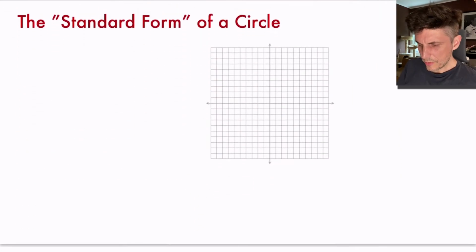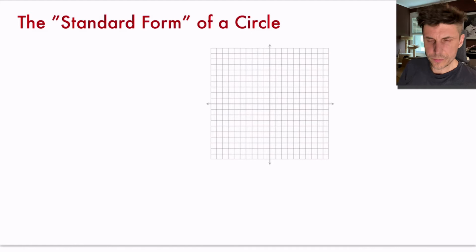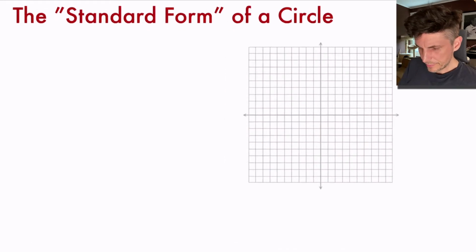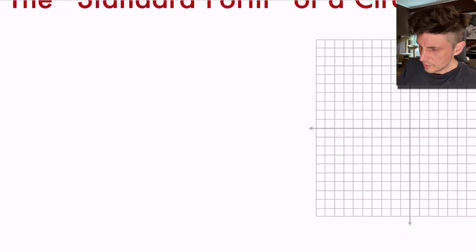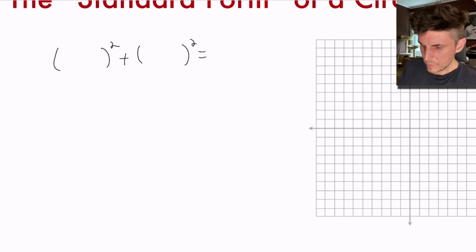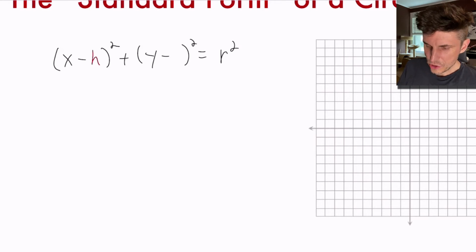So the standard form of a circle is this. Without getting into the derivation of this formula, this is the formula. (x minus h) squared plus (y minus k) squared.